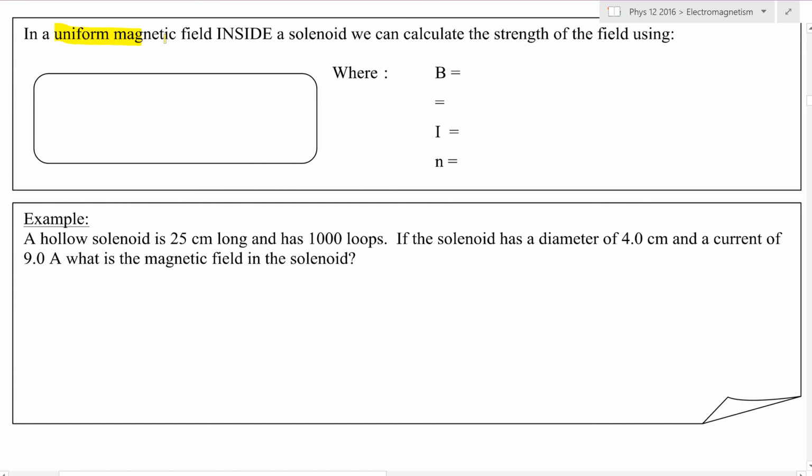We want to calculate the magnetic field inside a solenoid, and we can use this equation. I have to define some of the terms.